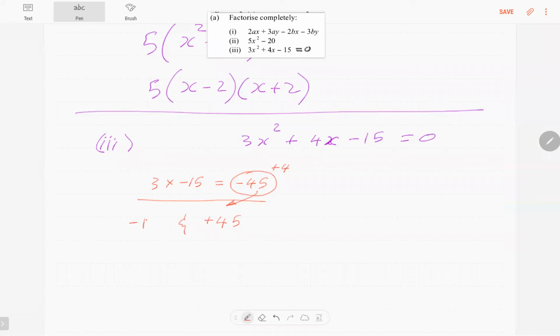But 45 minus 1 is 44. You don't want 44, you're searching for 4. So the next two factors of 45 are 3 and 15. Give the larger one plus, the small one the minus. But 15 minus 3 is 12. You want 4.